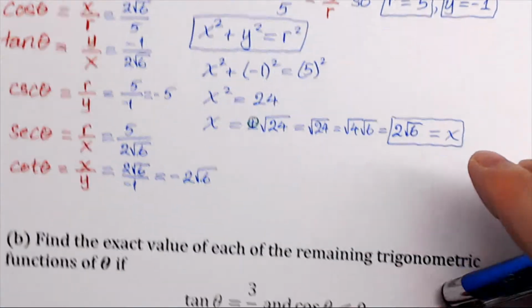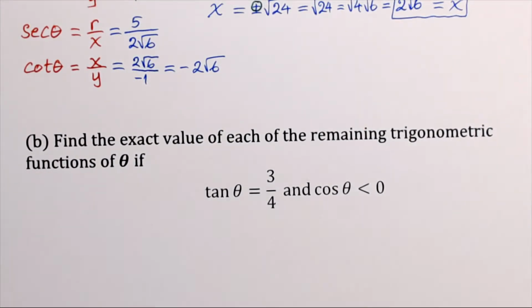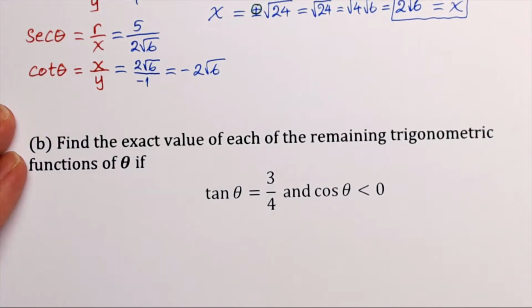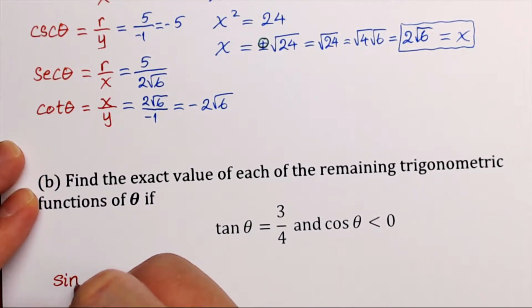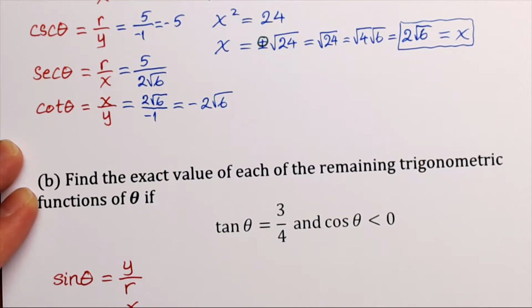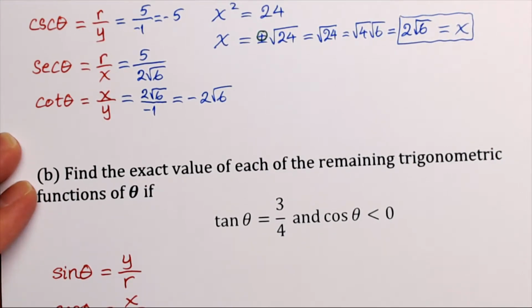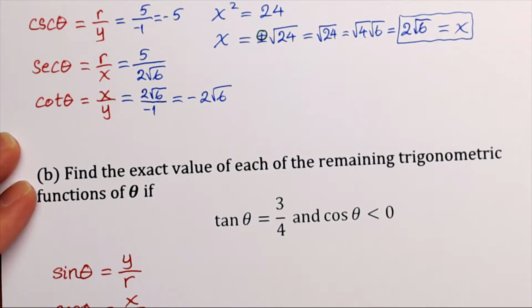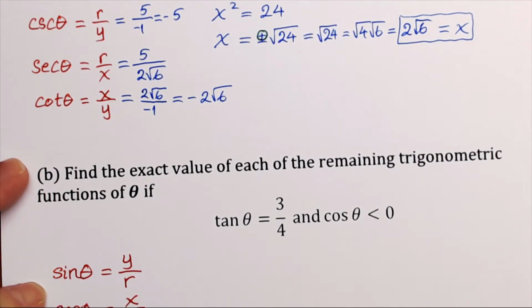Next we go to a similar type of question, but we are given a different condition. Again, I will write all the ratios again. Sine is y over r, cosine x over r, tangent y over x, cosecant r over y, secant r over x, and cotangent x over y.